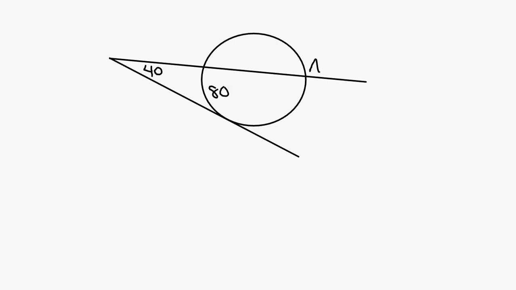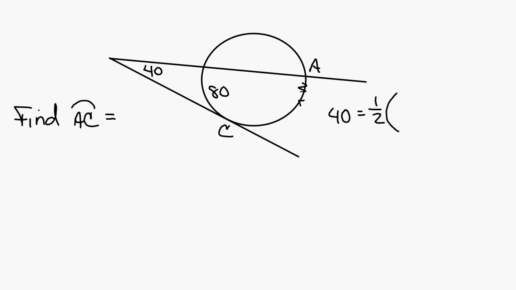So we've got to find arc AC. Here's the rule: the angle formed outside the circle, the 40, is equal to 1/2 times the big arc, which is AC, minus the little arc, which in this case is 80.